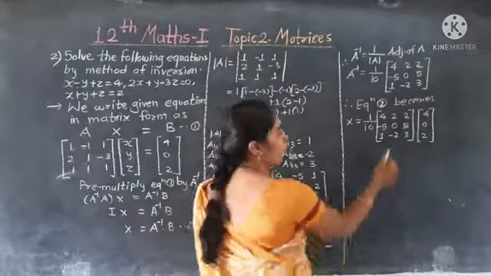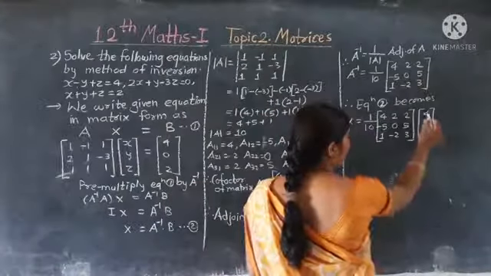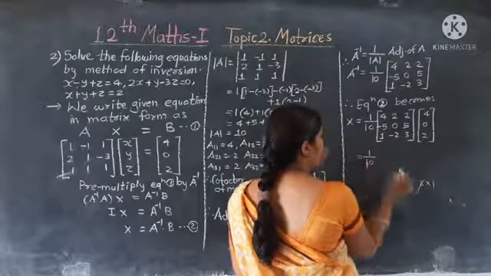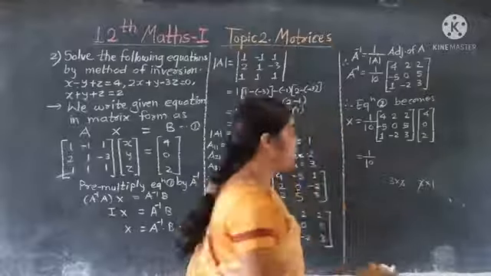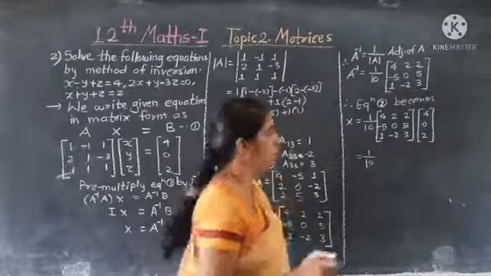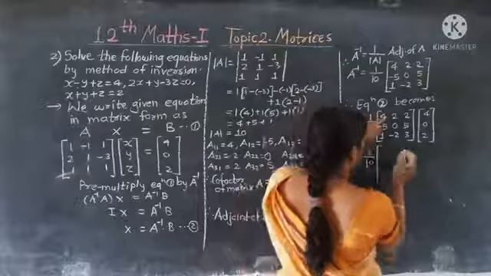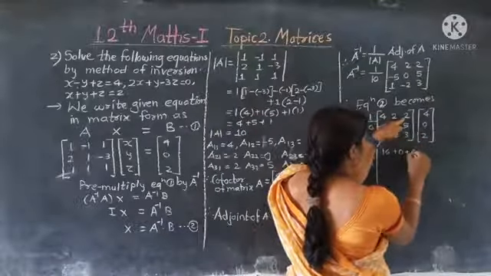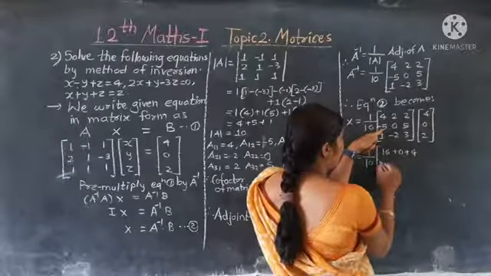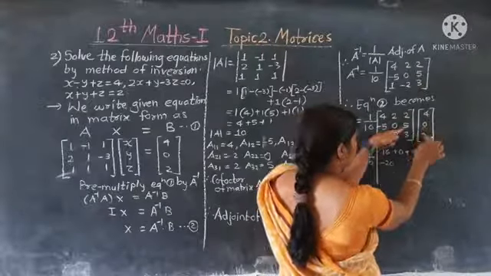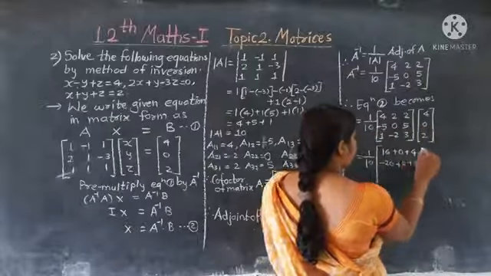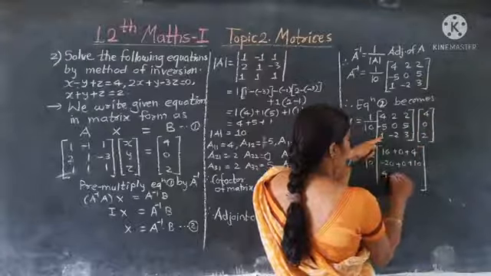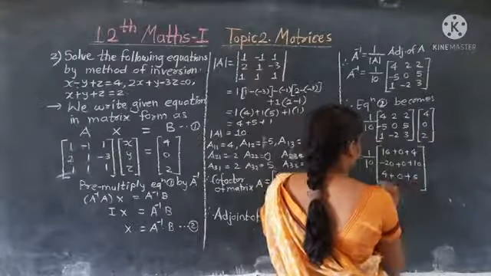It is of order 3 by 3 and it is of order 3 by 1. So the final answer matrix is of order 3 by 1, meaning there are 3 rows and 1 column. So you write here 4 4s are 16 plus 0 plus 2 2s are 4. 4 5s are 20 minus 20, 0 plus 5 2s are 10. 1 4 is 4 plus 0 plus 3 2s are 6.